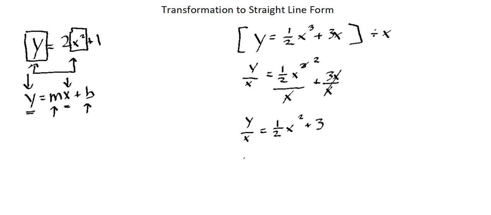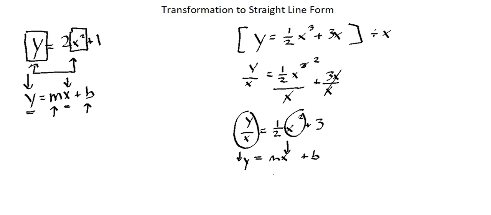So let's see how this equation fits into the line-intercept equation format of y equals mx plus b. I now have a linear equation. The variables, instead of y, I have y over x, and instead of x, I have x squared. Y over x is one variable that's represented by y in the general form, and x squared is my second variable represented by x in the general form.